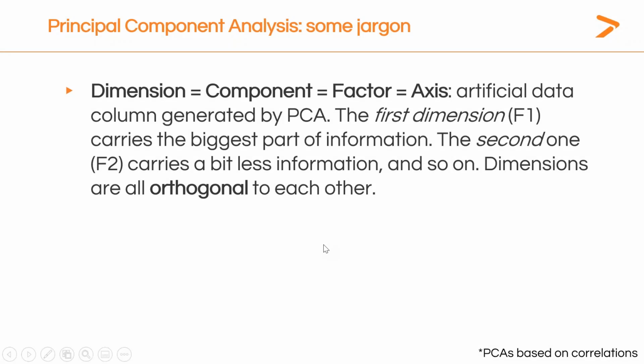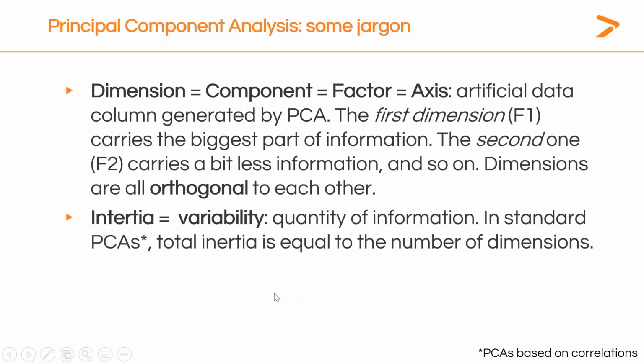Here's some PCA jargon. When we talk about dimension, we mean component or factor or axis. So they more or less relate to the same idea. This is an artificial column generated by PCA. The first dimension carries the biggest part of information. The second one carries a bit less information, and so on. And all dimensions are orthogonal.